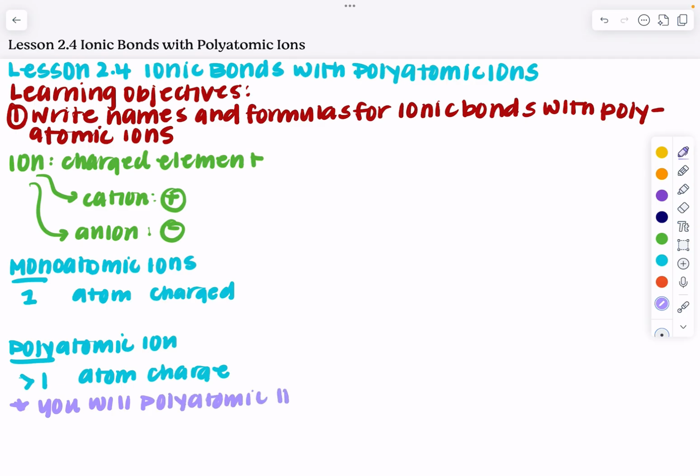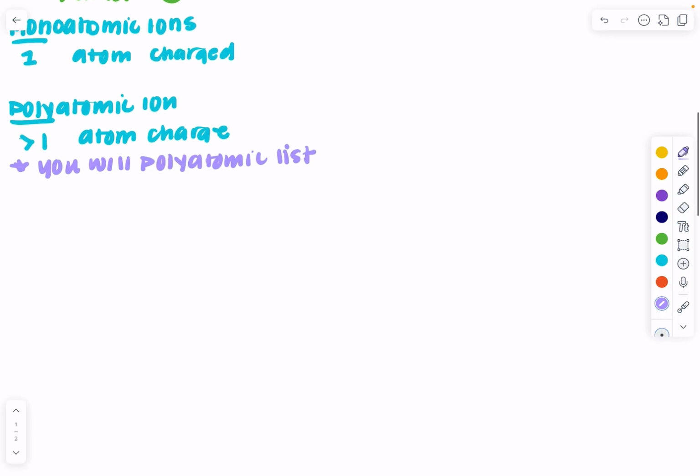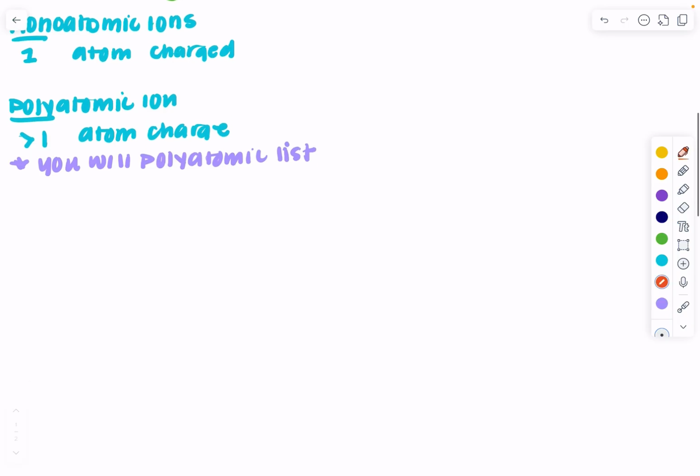If you don't have it from last week, the sub has copies for you. Let's just look at the polyatomic ion list. It looks like a huge table. You are not responsible to memorize all of this. I will give it to you for any mini quiz or any lab assignment that you have.